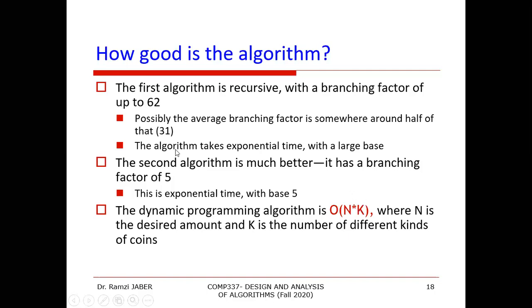So this problem, the coin problem, if we solve it in 3 ways, as you can see, the first way or greedy algorithm will be 62 power n. The second way, another solution, will be 5 power n, whereas the dynamic programming will be order of nk, where k is a different number of coins, it's constant, and n is the desired amount.